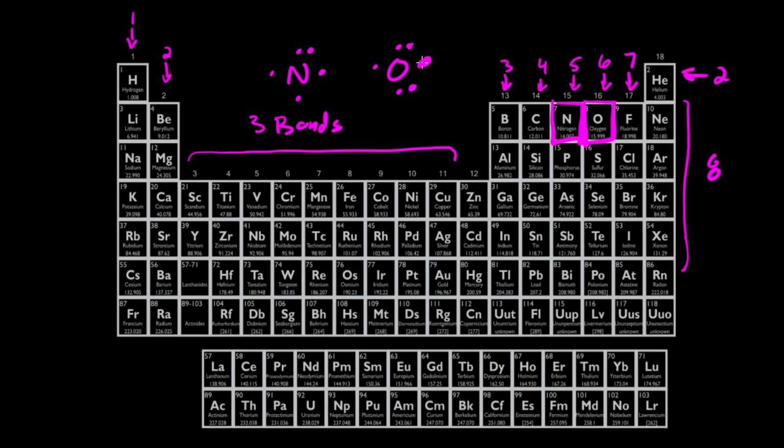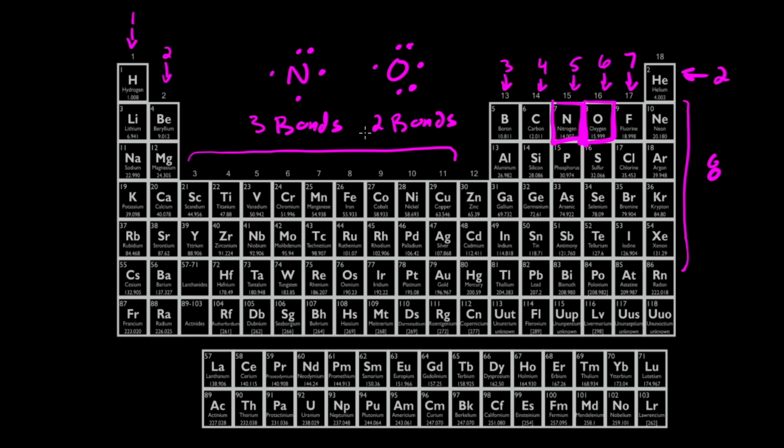And so this electron there and this electron there, those want to form bonds. And so for oxygen, it's going to have 6 valence electrons, or we could say it's going to have 2 bonds. And so it wants 2 bonds, and it's going to have 2 lone pairs. Nitrogen wants to form 3 bonds, and it will have 1 lone pair.